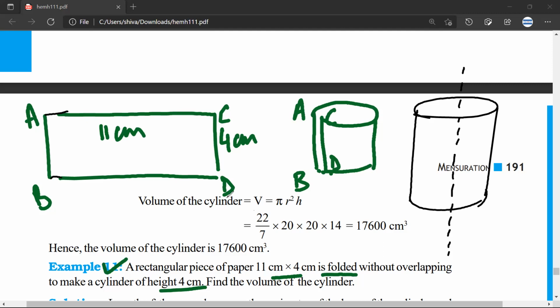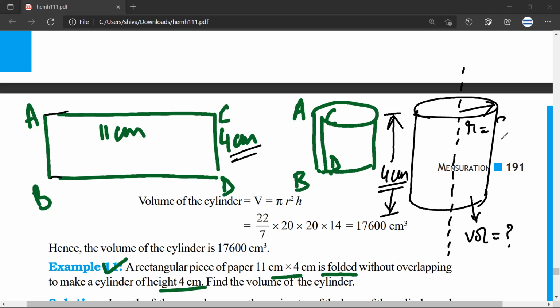So, Mr. Satya, in this question, we need to find the volume of the cylinder. How can we find the volume of the cylinder, Mr. Satya? Yes, sir. Again, pi r square into height. But Mr. Satya, we are aware of this 4 centimeter. We are not aware of the radius of the cylinder. How do we find the radius of the cylinder?